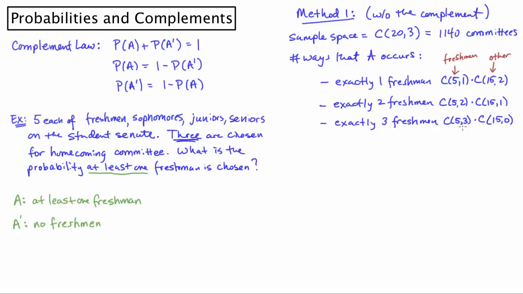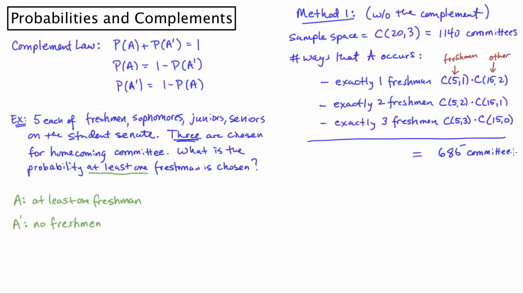Alright. Now the question is, what do I do with these? Well, if you remember one of our earlier podcasts, we said that anytime you've described all the pieces of your event of interest, you need to add them up. So if I take each of these and add them up, that'll give you a total of 685 committees.